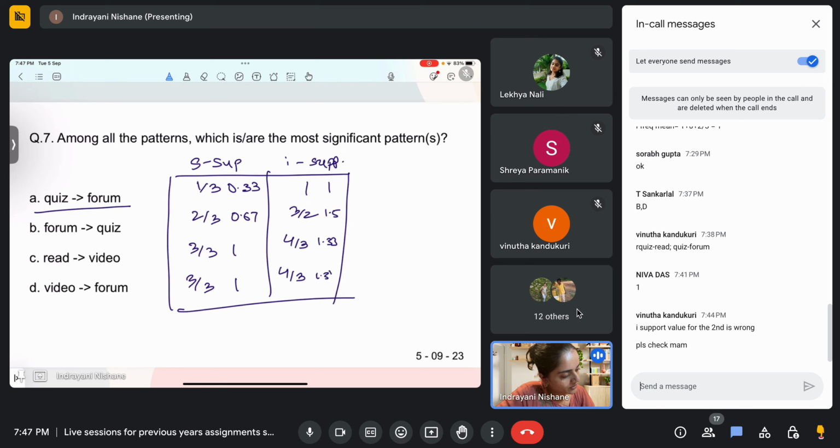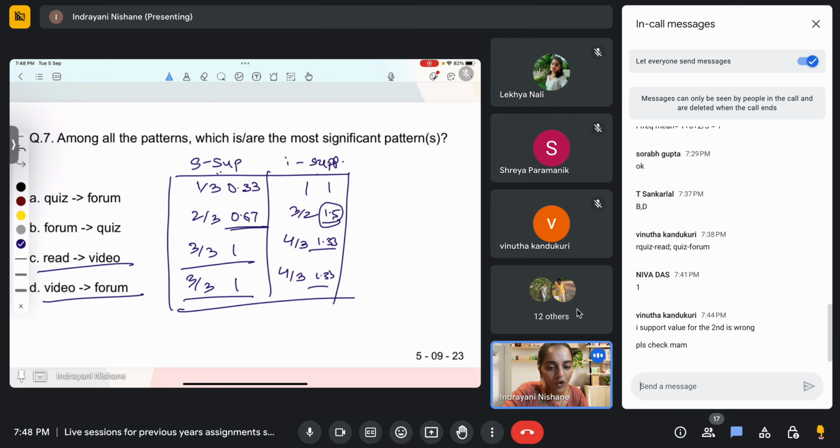Again 1.33. So if you see the combination of both S support and I support, first we will filter on S support. S support is higher for these two patterns. S support is 1 and 1 for read to video and video to forum. Forum to quiz has 1.5, but it is not observed for all 3 students.